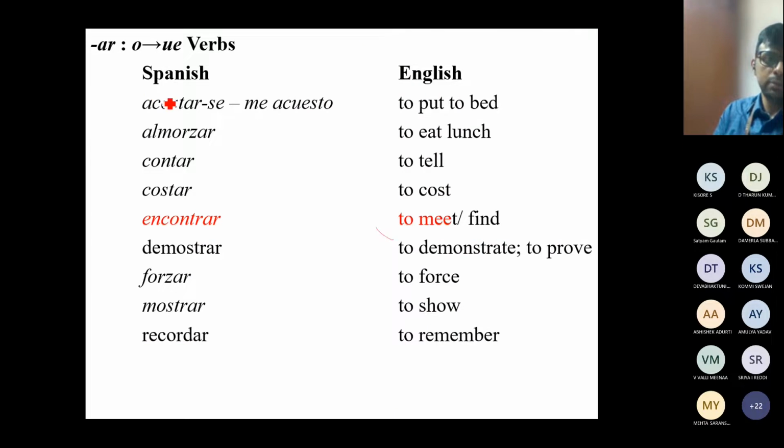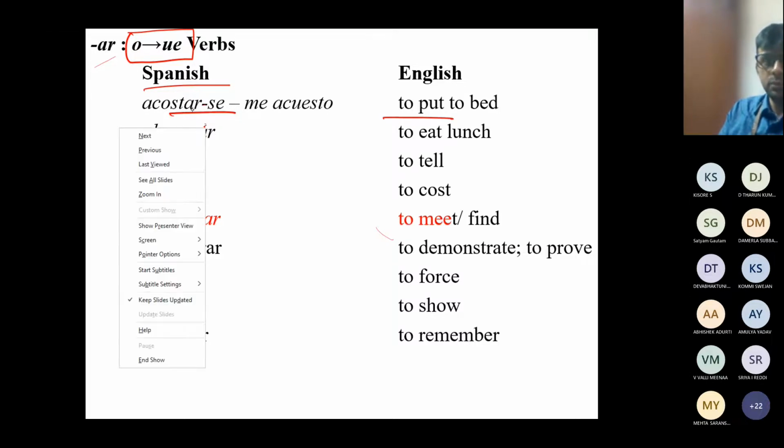Now there are some verbs listed here where O is changing into UE, like the example of the previous one. Acostarse, okay, the first verb which is given here is stem changing plus reflexive. So three things will change.